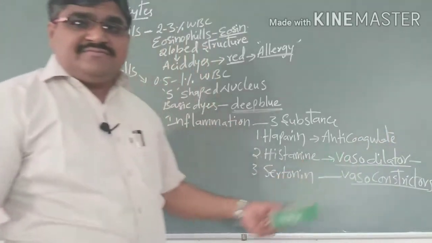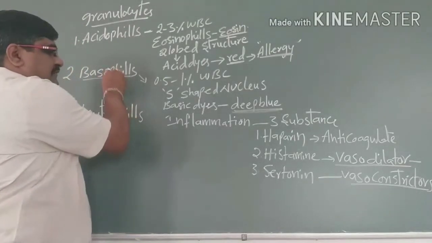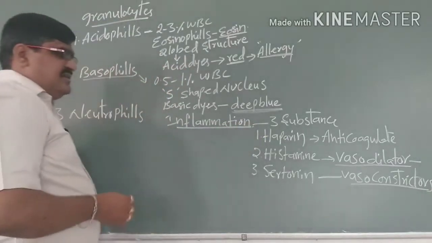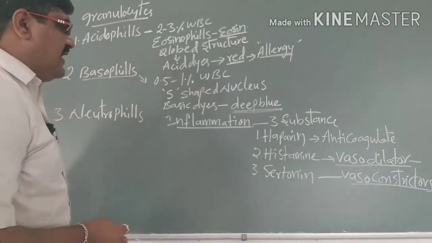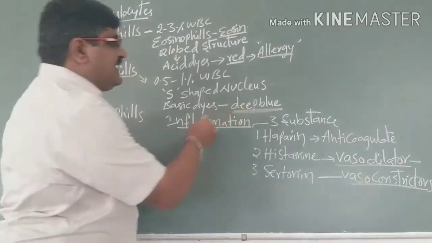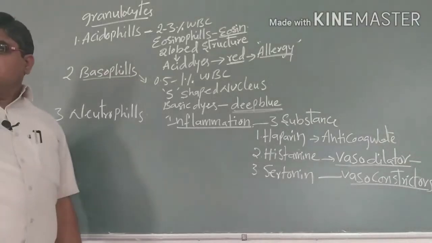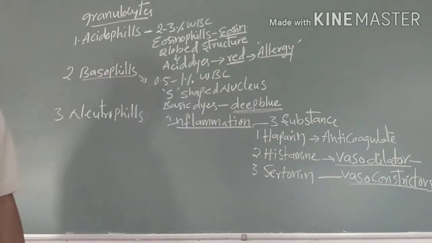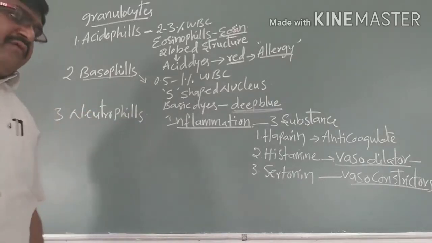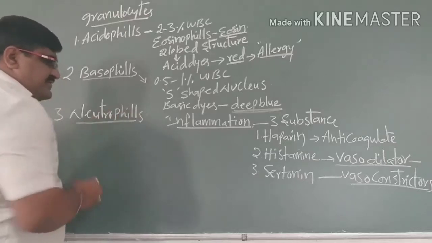These are the three substances produced by the basophils, which are helpful in inflammation. When basic dyes are used, they produce a deep blue color. So we call them basophils.